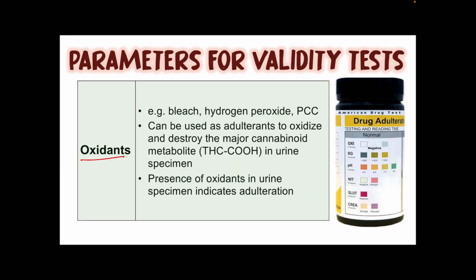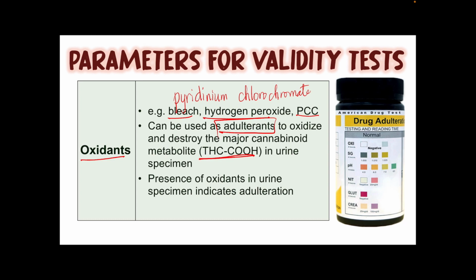Next one, we also have the oxidants. So it can be in the form of bleach, hydrogen peroxide, or PCC. So this one is pyridinium chlorochromate. So these oxidants, they can be used as adulterants in order to oxidize and destroy also the major cannabinoid metabolite in the urine sample, producing false negative result.